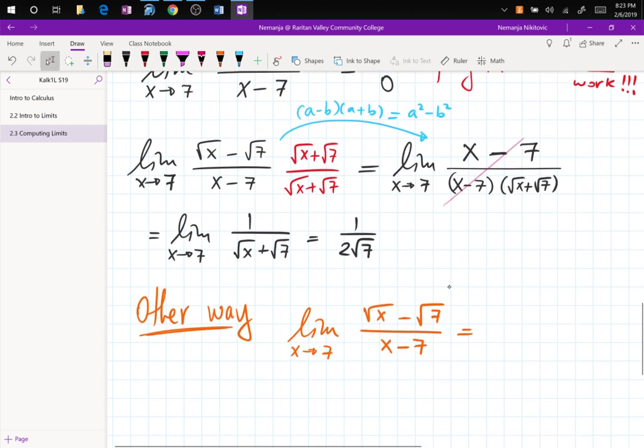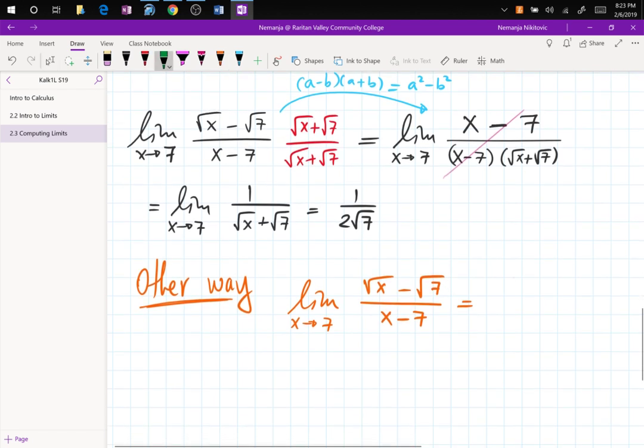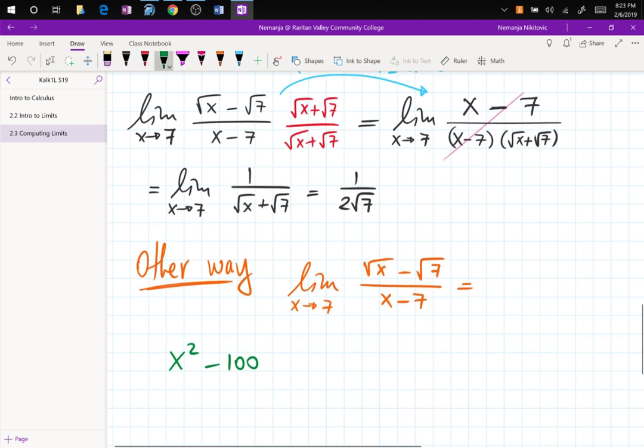Like if, in your algebra class, you had x squared minus 100, and those were perfect squares, you would have x minus 10, x plus 10, right? That was your algebra. But now I'm saying that you can use this on x minus 3, because you can just have root x minus root 3, root x plus root 3.